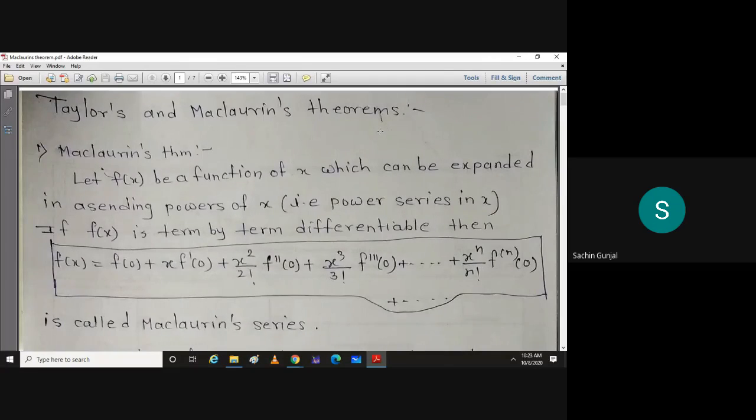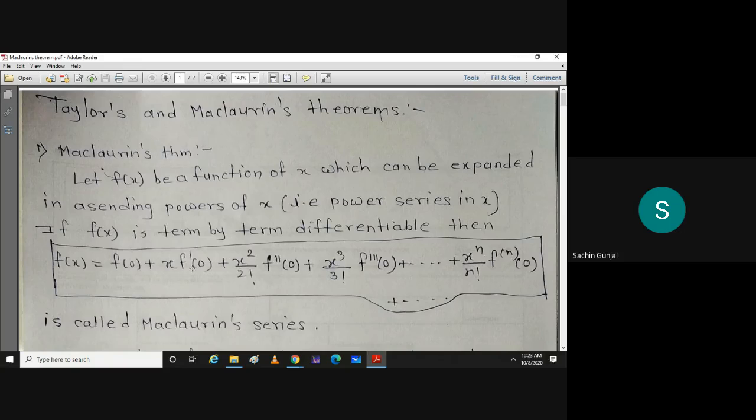Maclaurin's theorem states that if f of x is a differentiable function, of course n times differentiable, then its series expansion in ascending powers of x is given by f of 0 plus x into f dash at 0 plus x square upon 2 factorial f double dash at 0 plus x cube upon 3 factorial third derivative at 0, and so on, x raised to n upon n factorial nth derivative at 0.